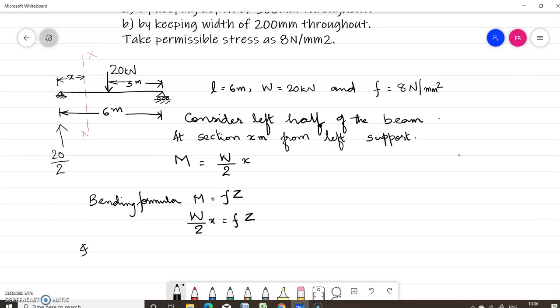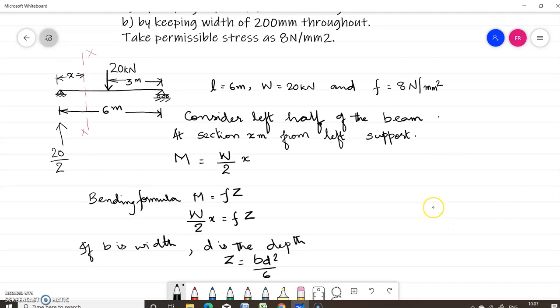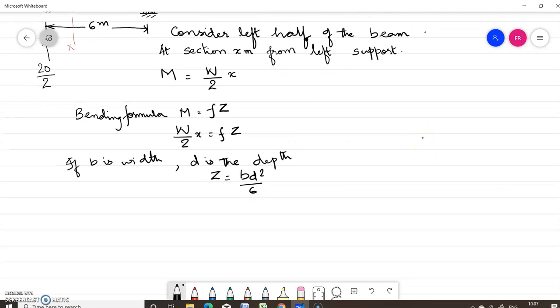So let us take B as the width and D as the depth. Then we can write Z equal to BD square by 6. So let us substitute in this equation: W by 2 into X is equal to F into BD square by 6.